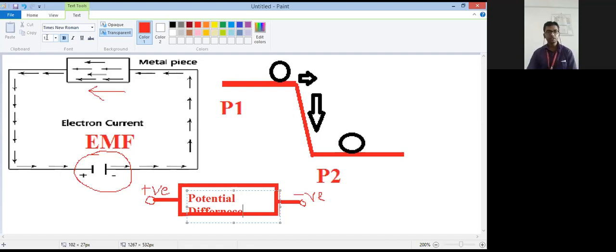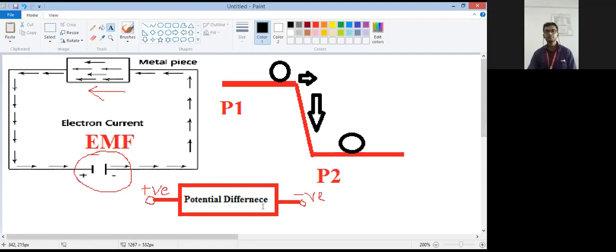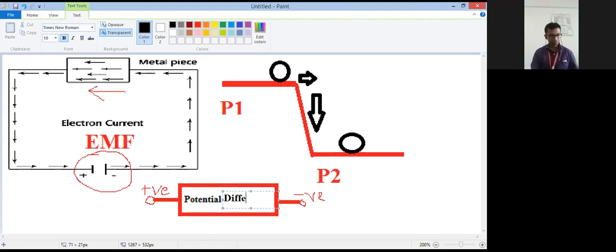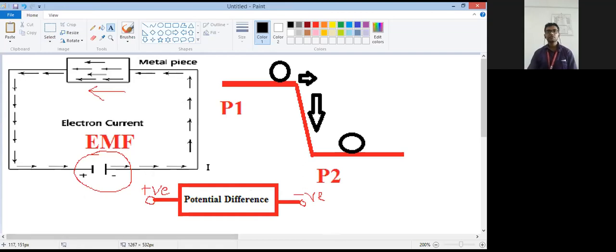Okay, so potential difference is defined as the difference between the electric potentials at those points.